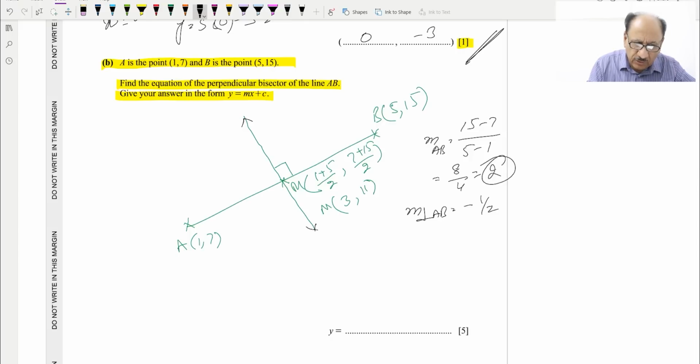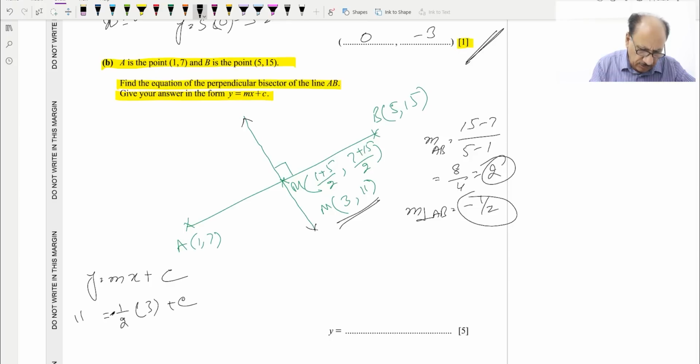So now we need to find basically the c value. So y is equal to mx plus c, and we can use this point M and the gradient of the perpendicular. So this will be the gradient of the perpendicular, minus 1 by 2, and the x value will be 3, plus c, and the y value will be 11.